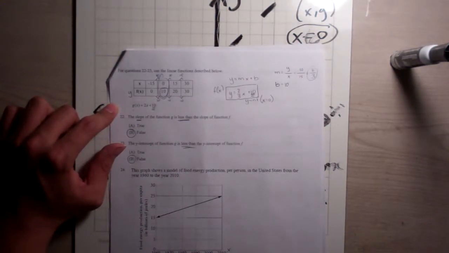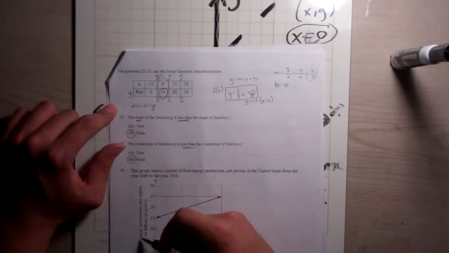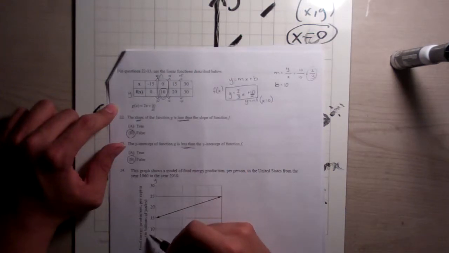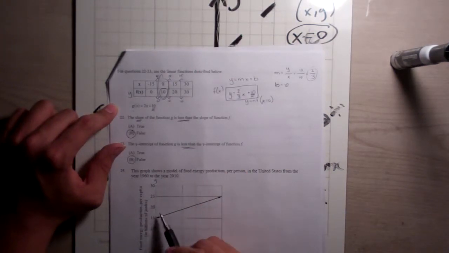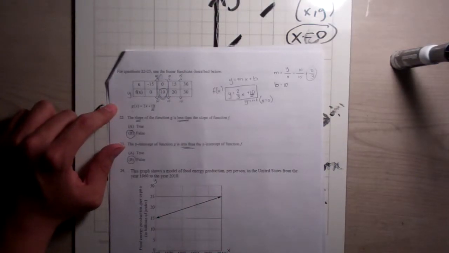We're just measuring years. And on our y-axis, this is the food energy production per capita in billions of joules. Joules is just measuring energy production.